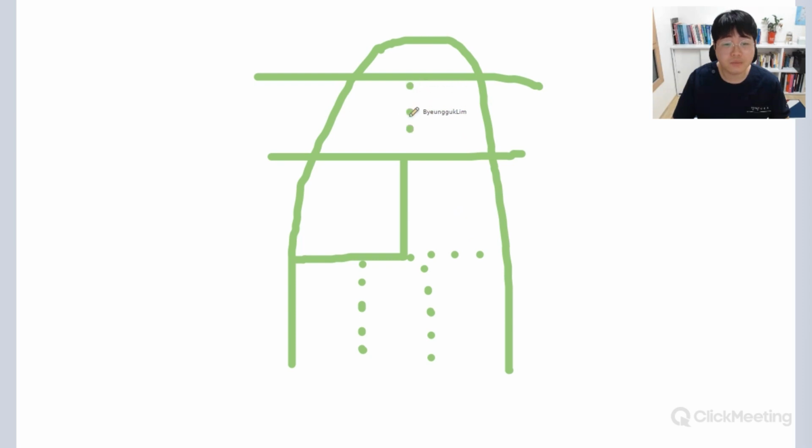Like this way. And the half side here is the anterior part, and the other side is the posterior part.